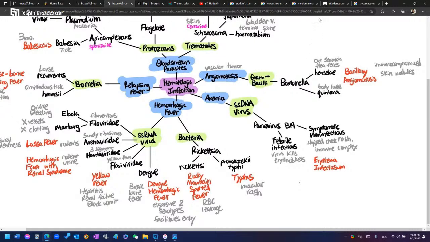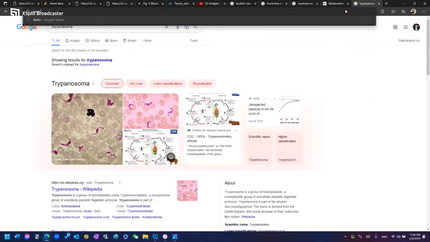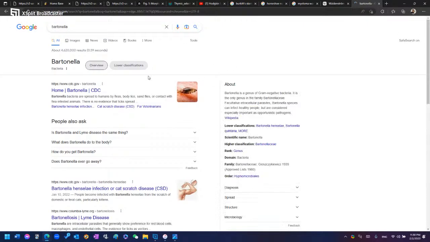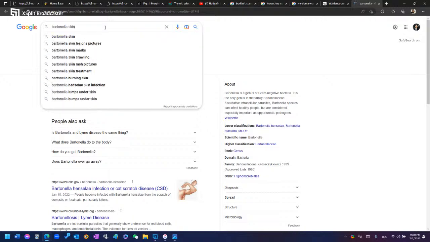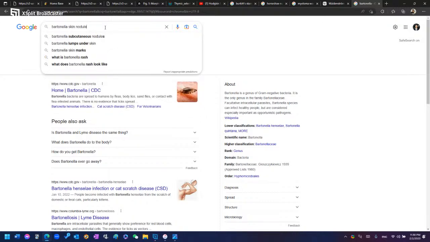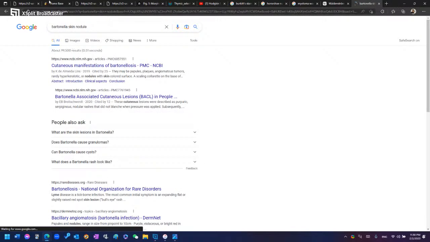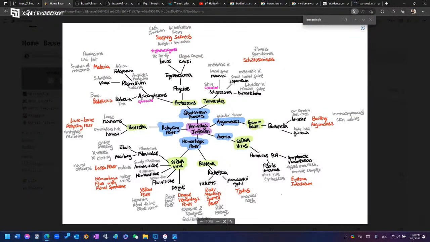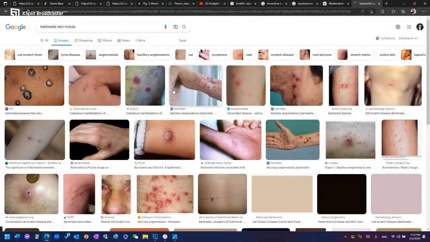So why does Bartonella cause skin nodules? If I remember correctly, is Bartonella dog related? It's louse and cat related. Okay. Wow.